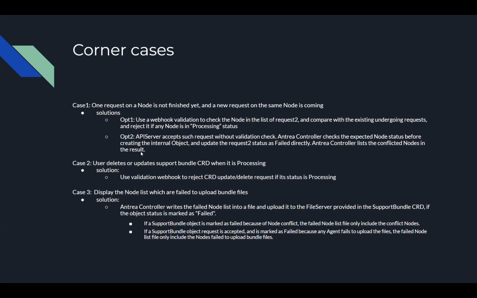The second option is that we don't use the validation webhook, but we just accept the request and let the Antrea controller check the status before creating internal objects. Similarly, the second request will not be processed by any Antrea agent. Instead, the Antrea controller directly marks the second request as failed and provides the conflicted nodes in the results.